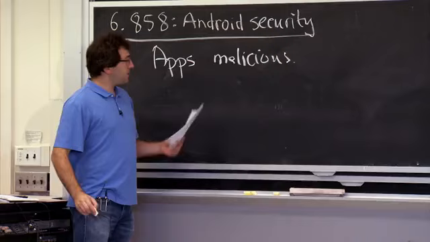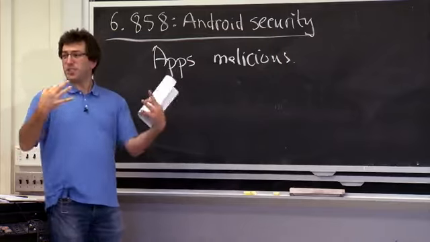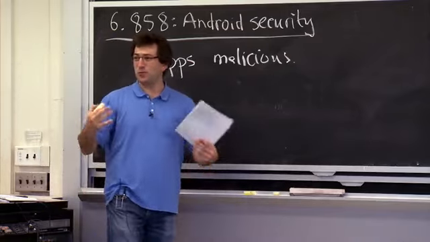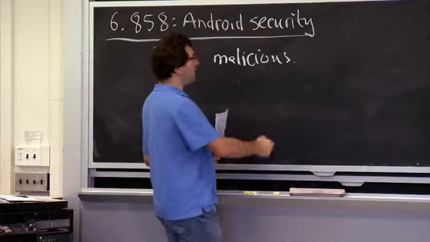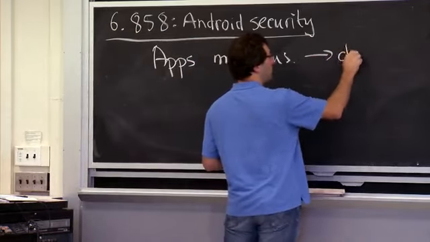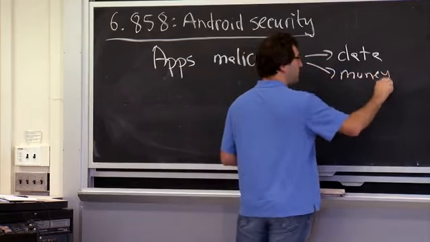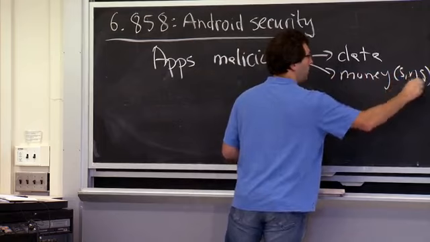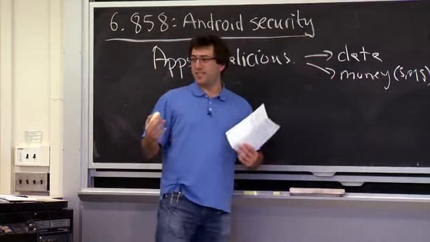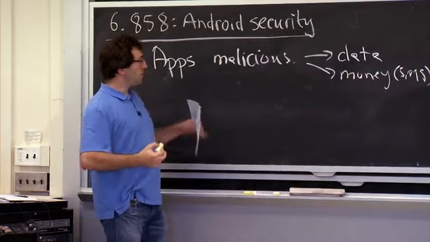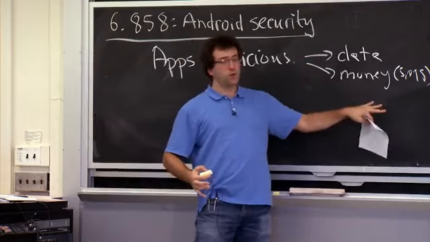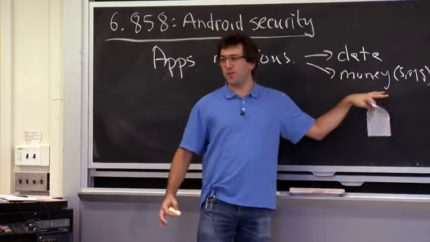There's outright malicious applications that are just out to get you, maybe steal your private data. So, things you might worry about: there's data. There's things that might cost money, like sending an SMS message maybe, or making a phone call. There's maybe using the internet, et cetera. So these are presumably the things you want to guard against or protect on your phone.